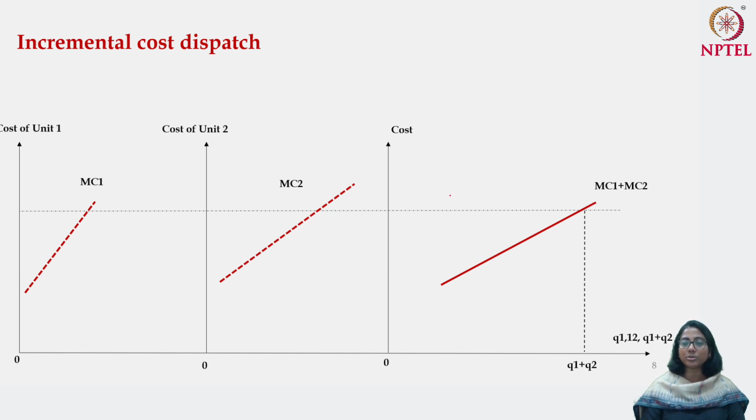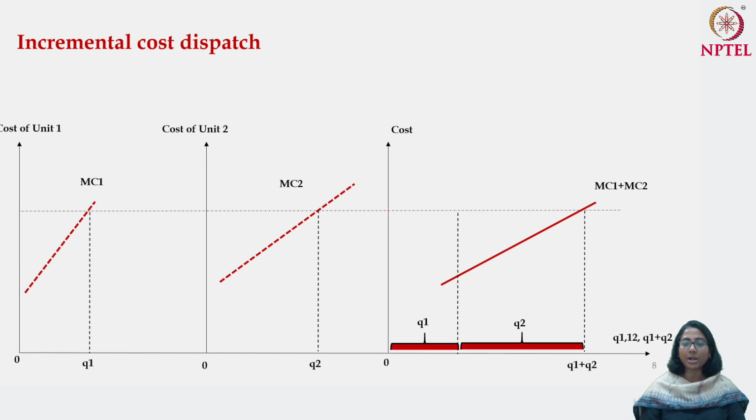So what we are going to see is, if this is the level of marginal cost, how much does the first unit produce at this marginal cost and how much does the second unit produce. So the first unit will produce Q1 amount of output given this marginal cost, and the second unit will produce Q2 amount of electricity given the marginal cost.